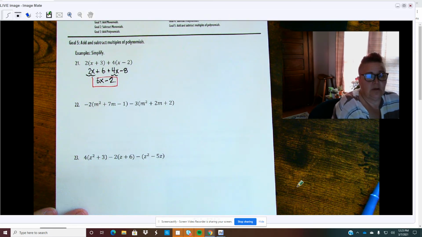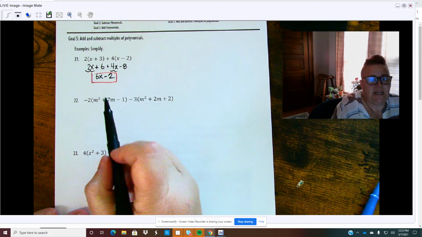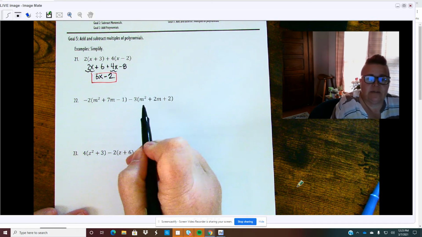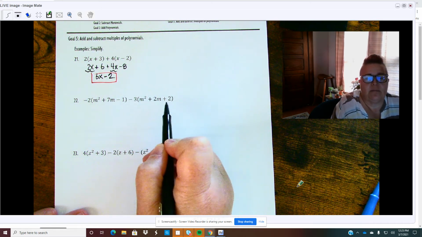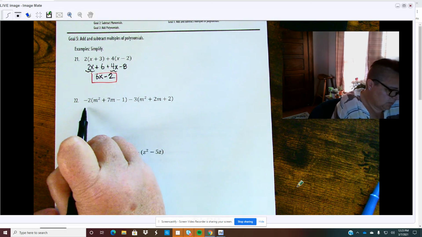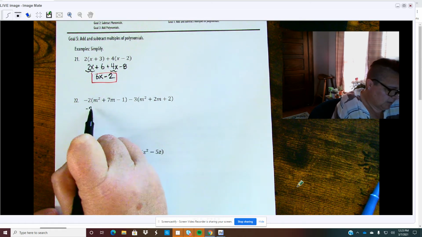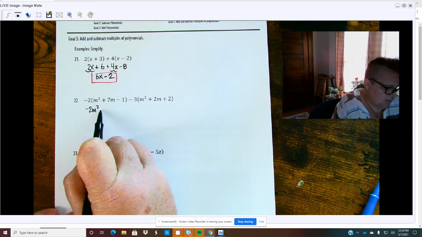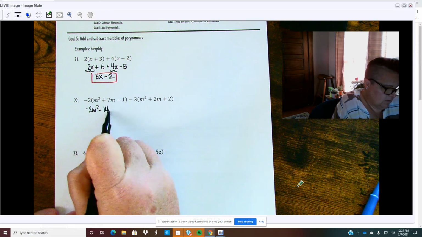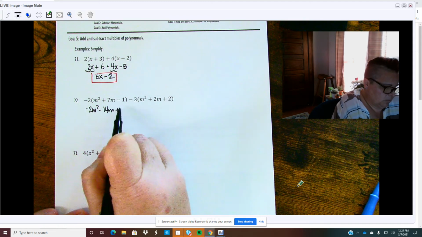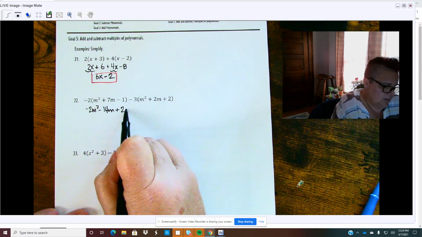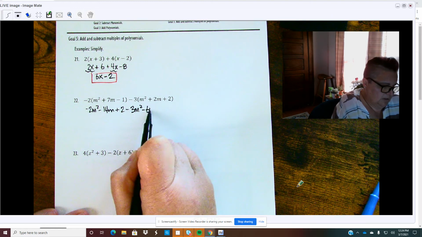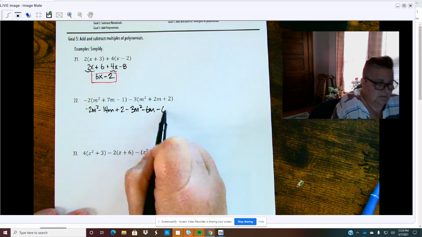Problem number 22 is negative 2m squared plus 7m minus 1 minus 3 times the quantity m squared plus 2m plus 2. So this will be a negative 2 times m squared and a negative 2 times 7m, negative 2 times 1, minus 3m squared, minus 6m, minus 6.